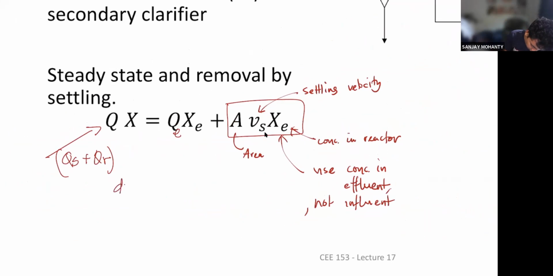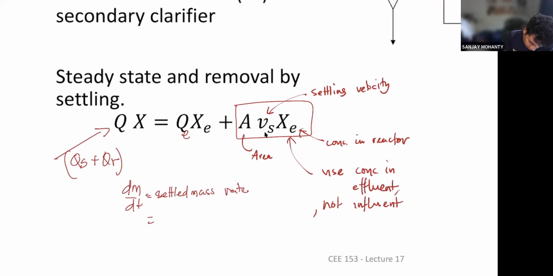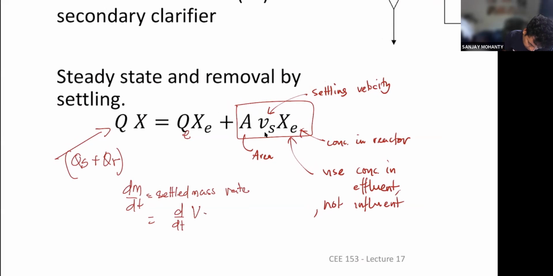let's say dm by dt, which is settled mass rate. Mass of the concentration settled is basically d by dt, volume of water that is being settled within that, times the concentration. So concentration inside is Xe. Okay.